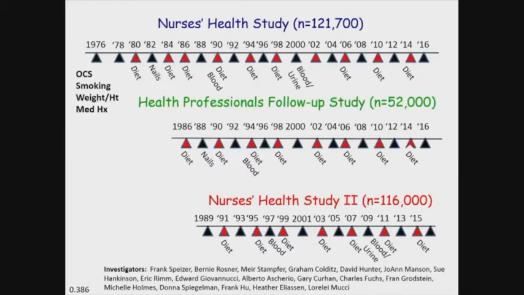So in our large cohort studies, Frank Speizer and Richard Doll were very much involved in getting the Nurses' Health Study going in 1976, mainly focusing on oral contraceptives. And we didn't start collecting dietary data until 1980. But we have been updating our dietary data every 4 years as we go along, and updating our food composition database as we go along in time as well, and using basically the same approach in Nurses' Health Study 2 and our cohort of men, the Health Professionals Follow-up Study.